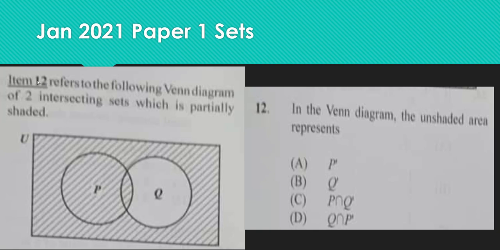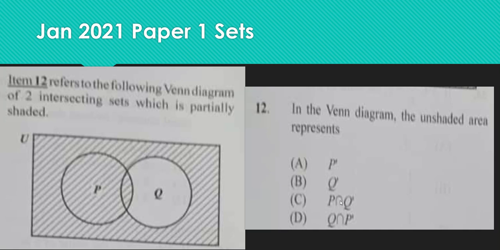Right, let's read number 12. Item 12 refers to the following Venn diagram of two intersecting sets, which is partially shaded. They said the unshaded region would be Q only. It would not be P complement, that is everything outside of P, which is not true. Q complement means everything outside of Q, and this area would not have been shaded.